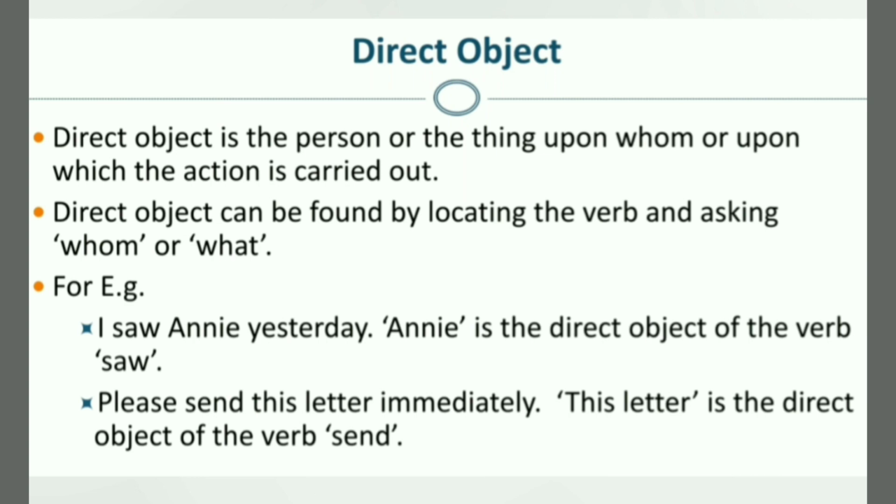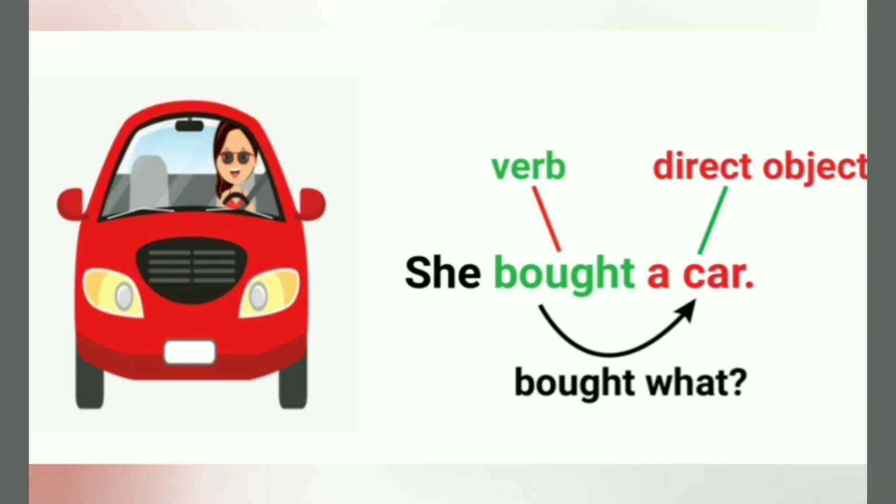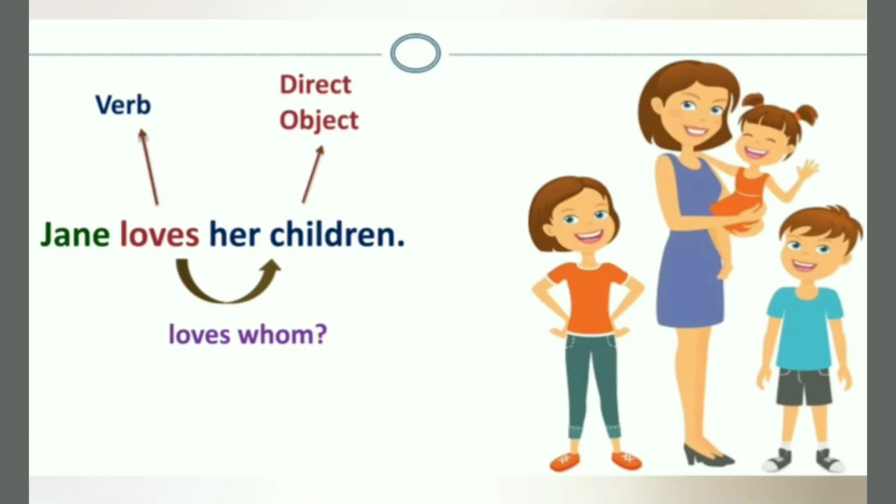Let's do a few more examples to understand this better. Take a look at this sentence. She bought a car. Verb bought. Bought what? A car. Hence, a car becomes the direct object. Let's do another example.